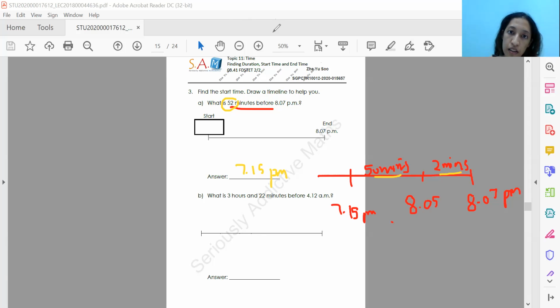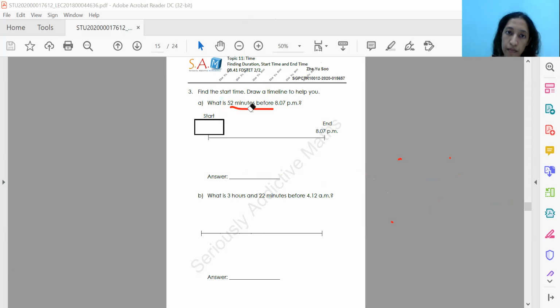Let me erase this. All right. What is 3 hours and 22 minutes before 4:12 a.m.? So 4:12 a.m. It's important that you write your PMs and AMs, okay? So let us deal with the hours first again. 3 hours before. 4 would be 4, 3, 2, 1, right?